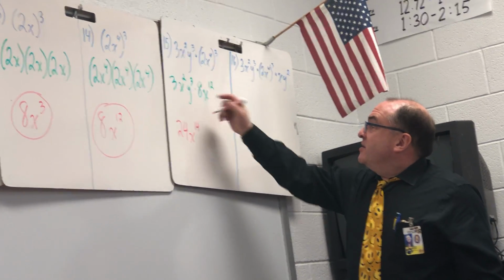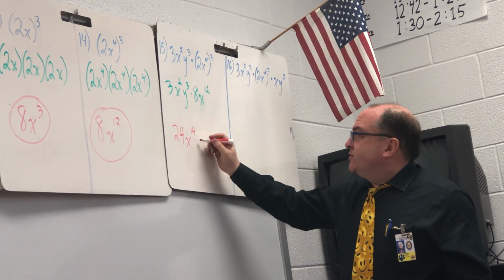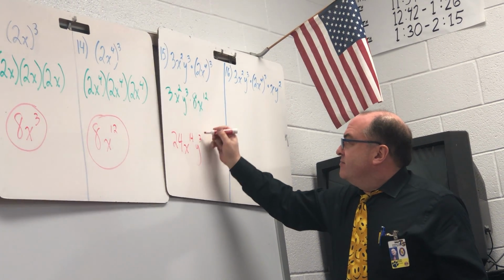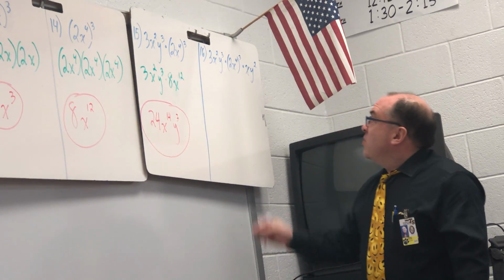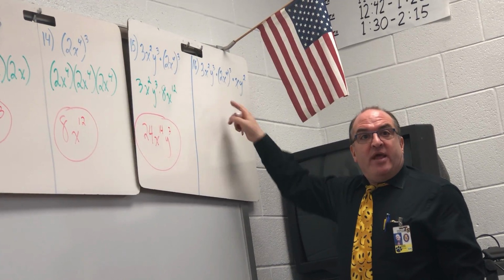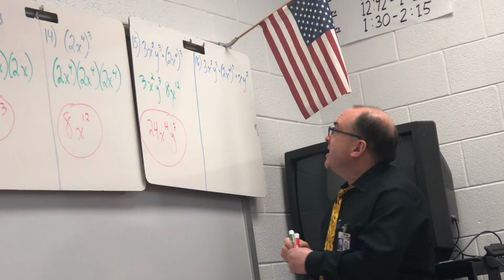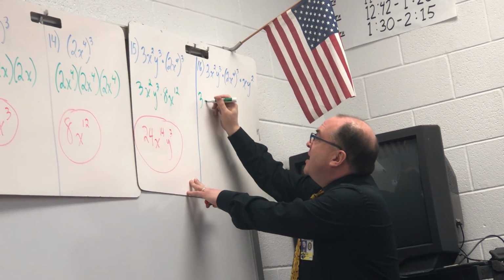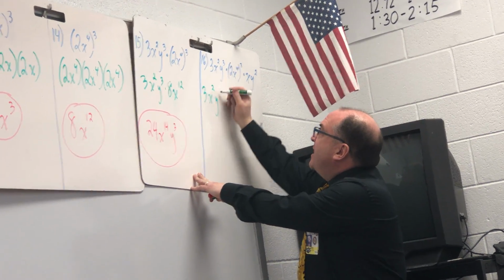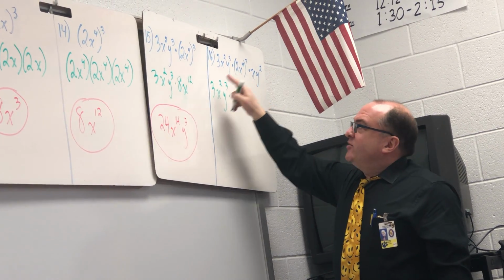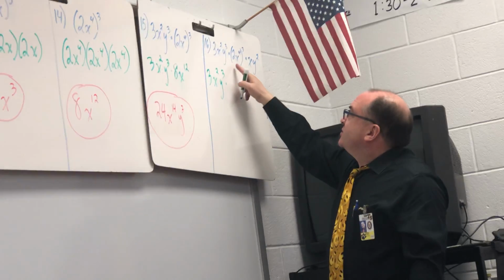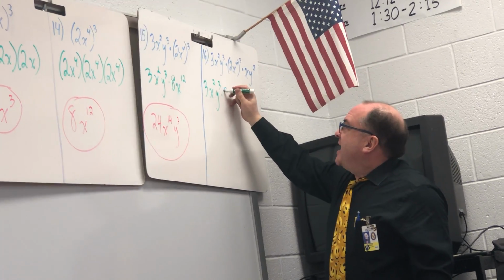Y to the third, there's no y over here, so it's just y to the third. There you go. Okay? Once again, I'm just going to deal with the parenthesis thing first. I've got 3x squared y to the third times, I did use the same thing here, 2 to the third is 8.